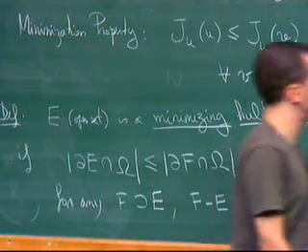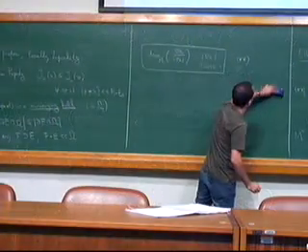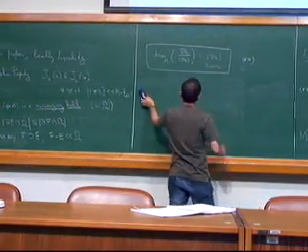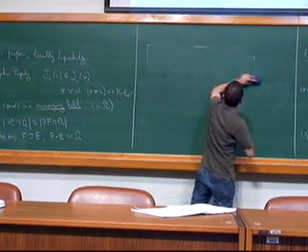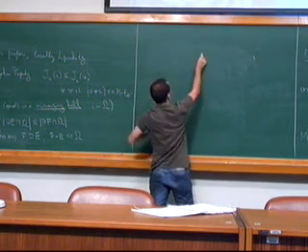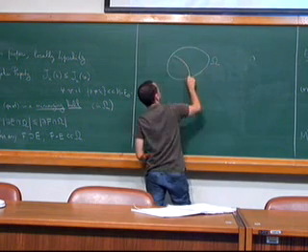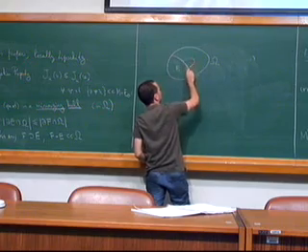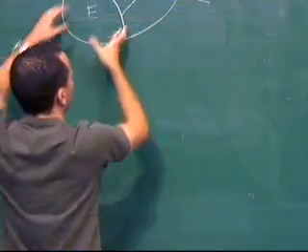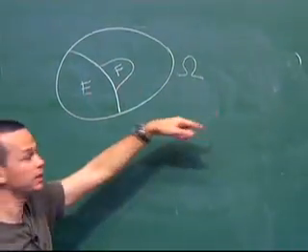So let me draw a picture. You have this set. This is a general definition. You have a set omega, some guy E over here. So then you want to compare E to all the sets F which contain E, with the difference compactly contained in omega.